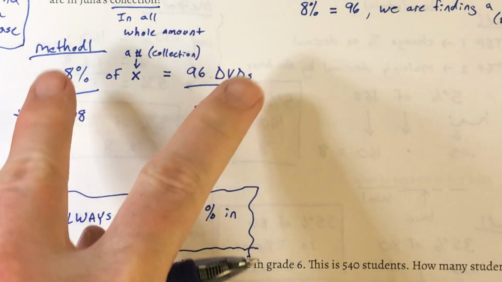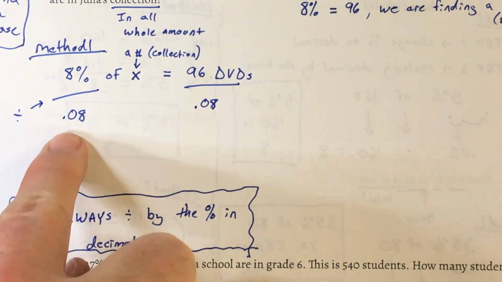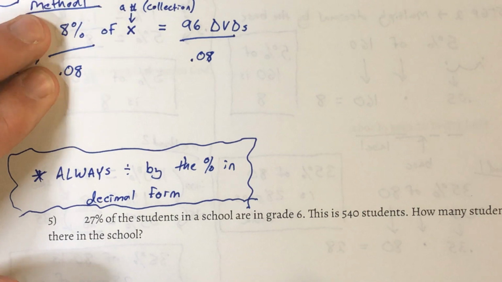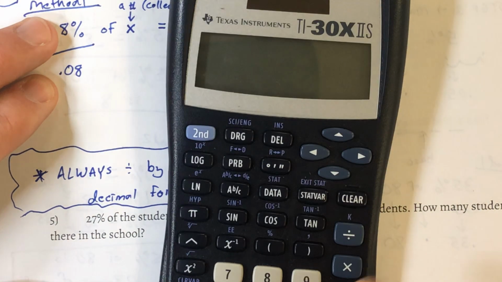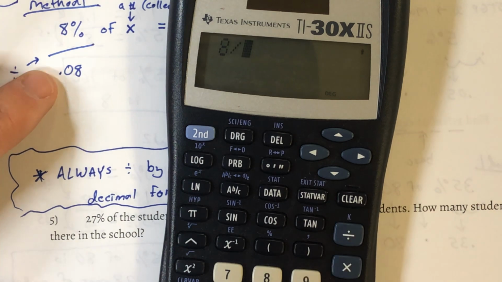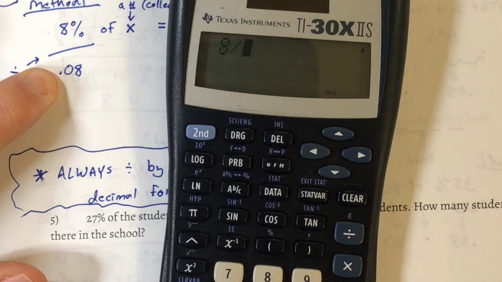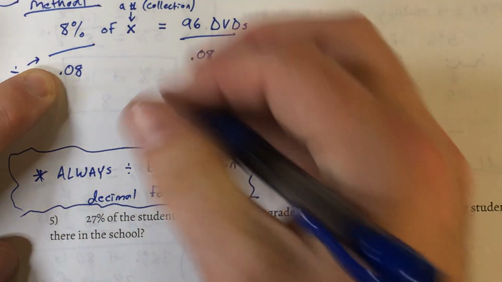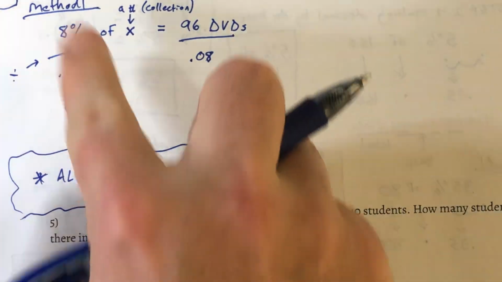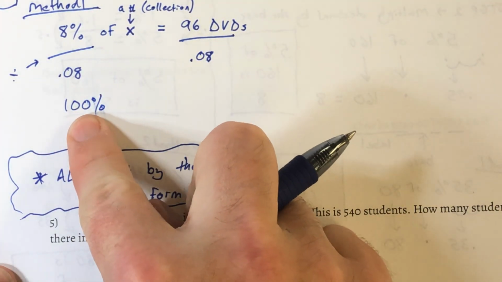So again, we're dividing by the percentage in decimal form. You don't always have to do this, but I'm going to do this the first time to show you what's going to happen. When we take 8 and divide by itself in decimal format, we get 100%. So just always know that this is going to be 100% over here.